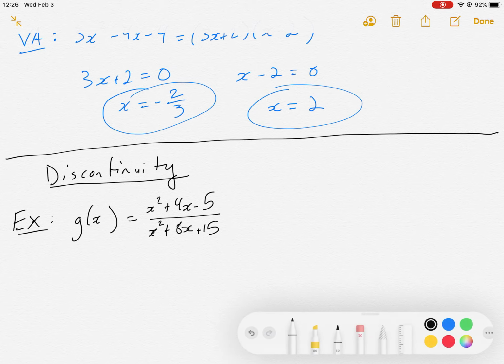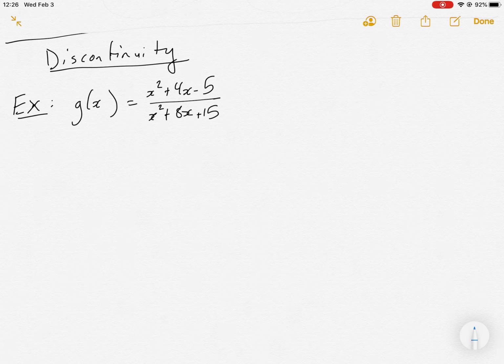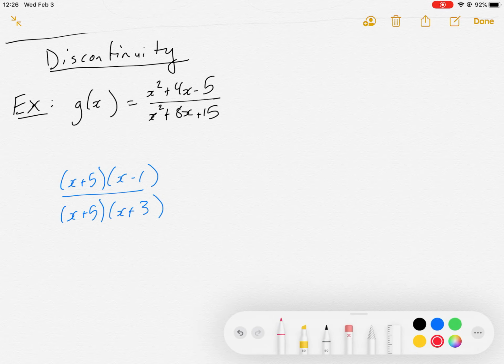In most problems, you're going to want to start by factoring. So let's factor the top. It's going to be x plus 5 and x minus 1. In the denominator, we're also going to have an x plus 5, and then x plus 3.